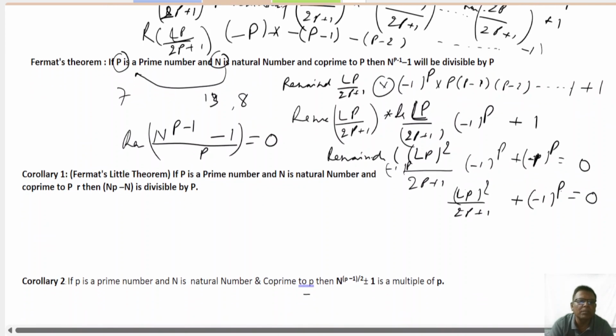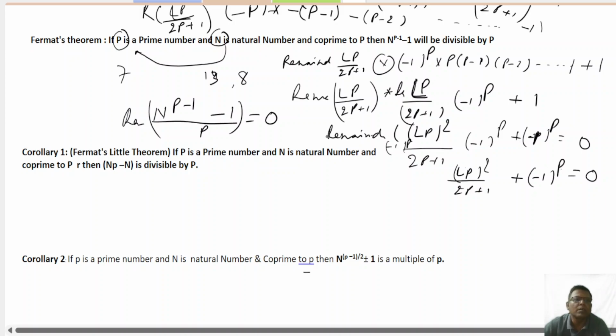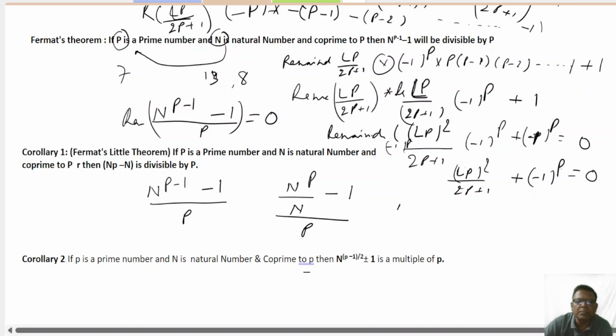Then the corollary of this is called Fermat's little theorem. So here n to the power p minus 1 minus 1 is divisible by p. That means n to the power p minus n, divided by n, will be divisible by p.